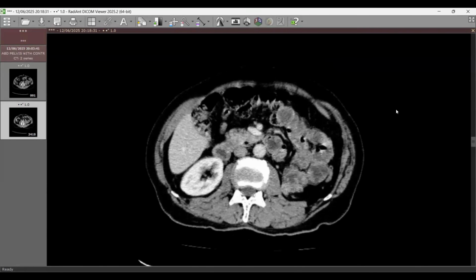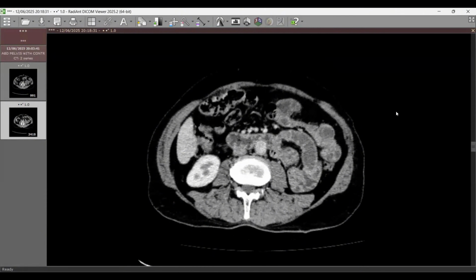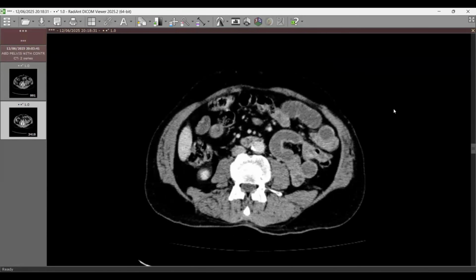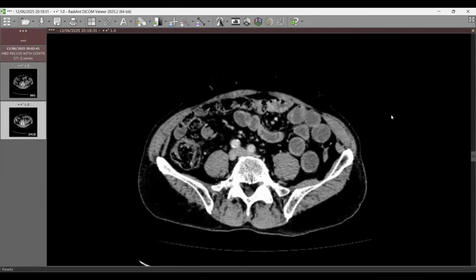Also, the lesion in the periportal location is of the same intensity as the blood pool of the aorta. So what do you think is going on?